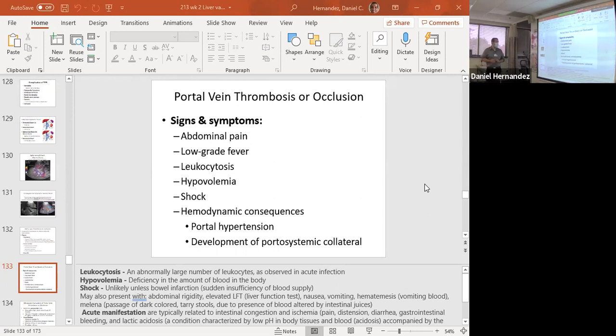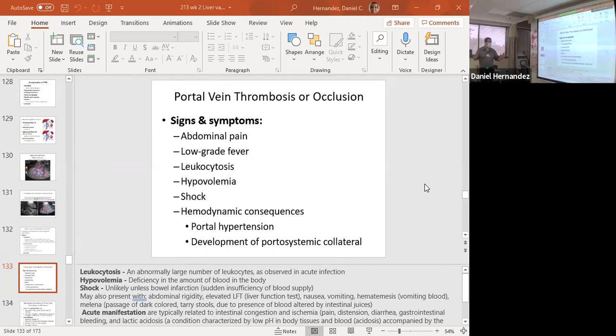There are also hemodynamic consequences from portal vein thrombosis. There's the portal hypertension and also the development of portosplenic collaterals. Remember, the portal vein is the main source of blood flow for the liver. 80% of the liver's blood supply comes from the portal vein. So when it's occluded or thrombosed, that liver is starving for blood.